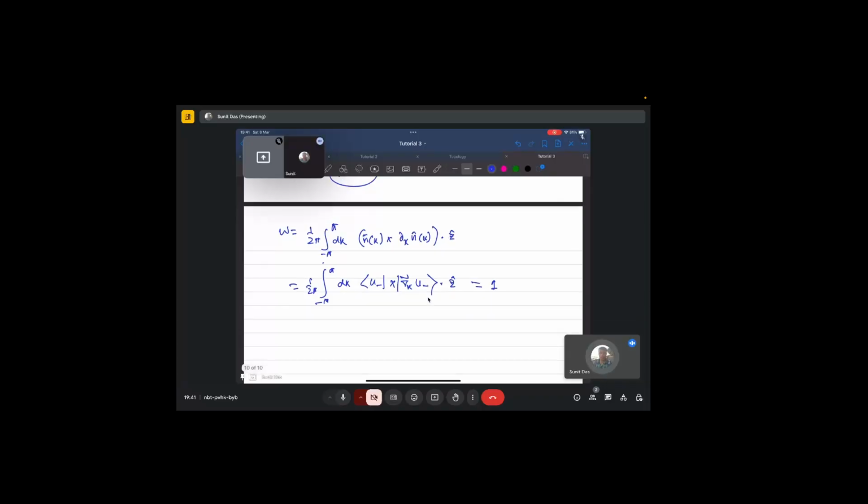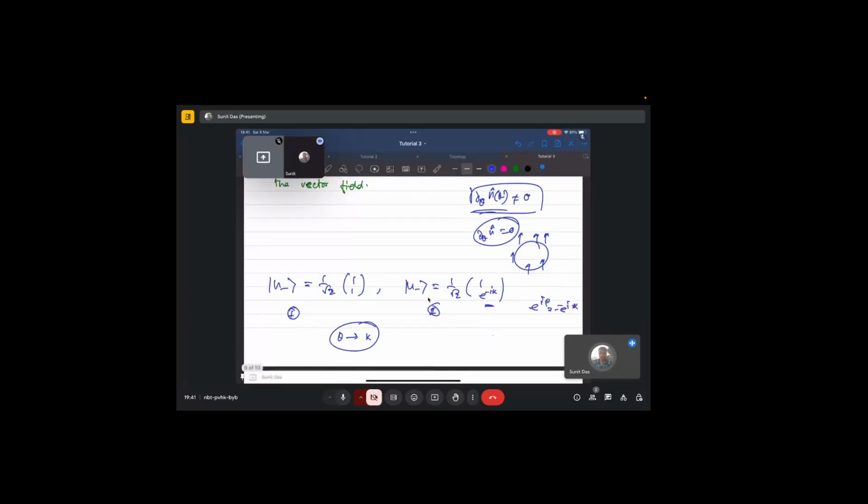Okay. So in the first case also we already know that the winding number will be 0, because del theta of n cap theta is simply 0, or because of the reason that del k of u minus k in this case is simply 0, right? There is no k dependence.